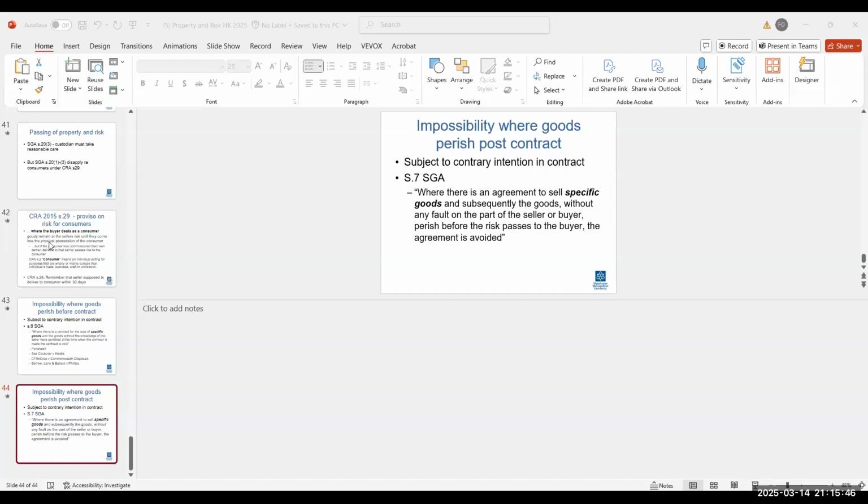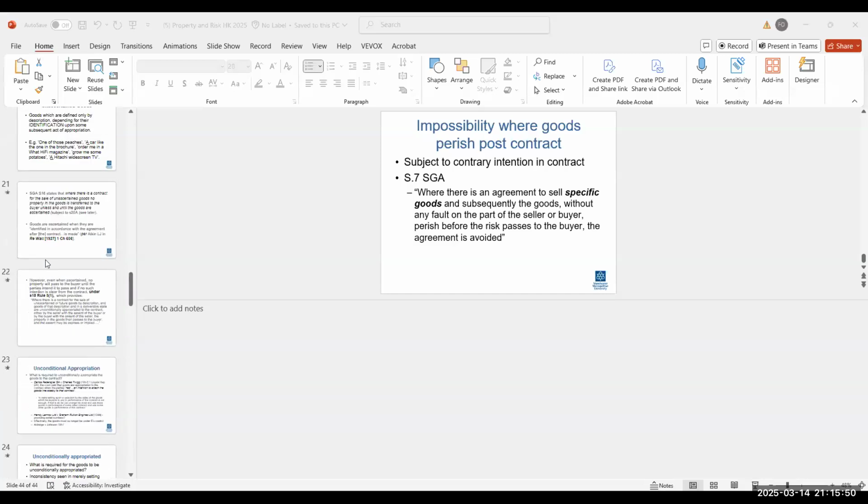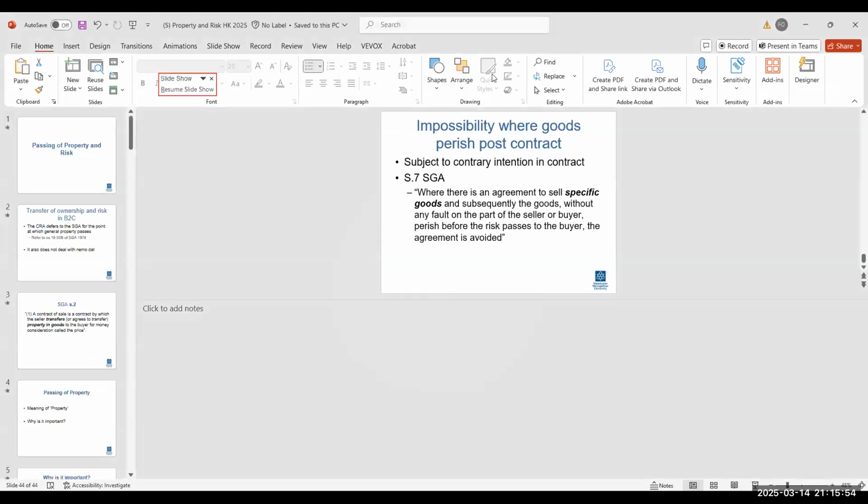So have you got any questions on the Nemo dat principle before we move on to talk about passing of property and risk? Someone was very much ahead of the game last Monday or Tuesday because they were asking about the Romalpa retention of title clause, which is one of the things touched on here.